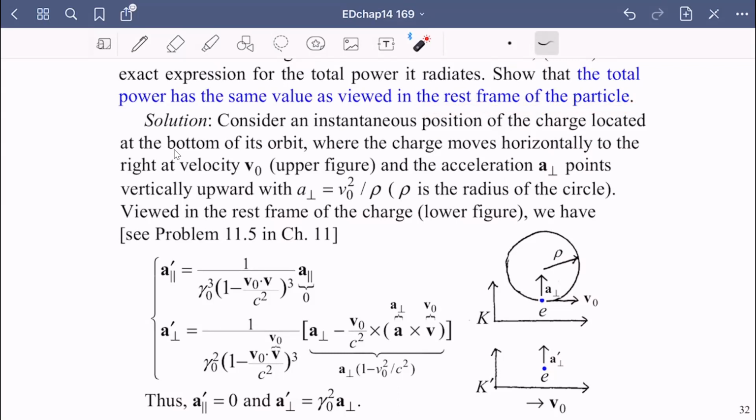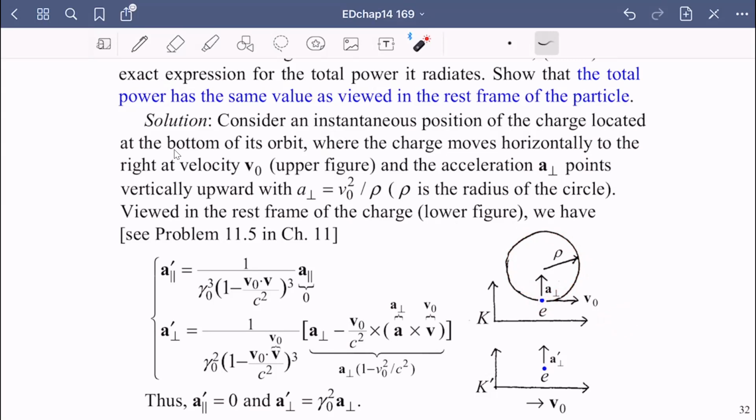Consider an instantaneous position of the charge located at the bottom of the orbit. So the particle is performing circular motion, but at a given time, the particle is here, moving in this direction.